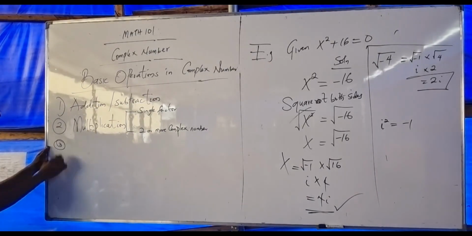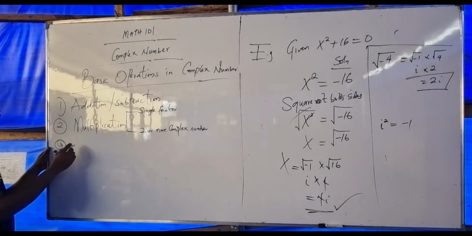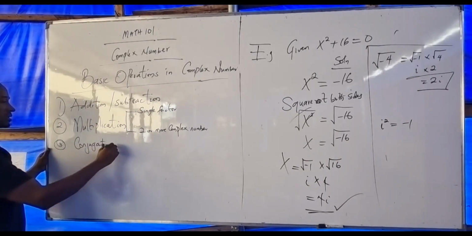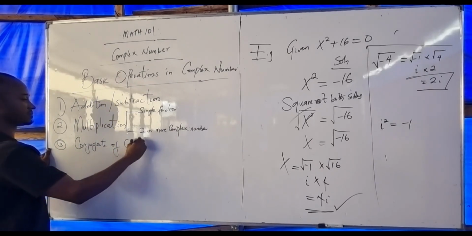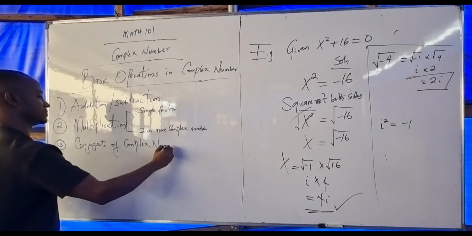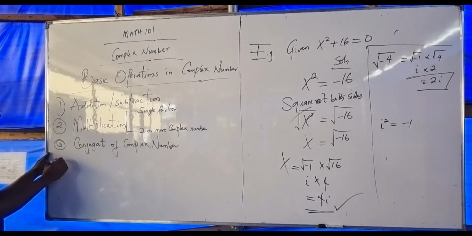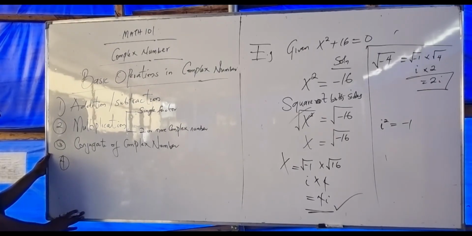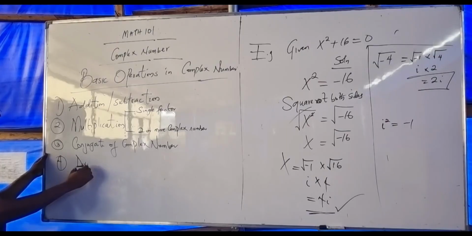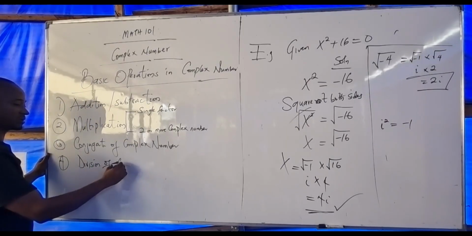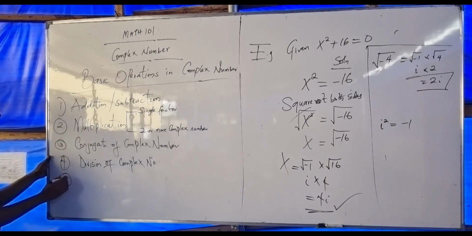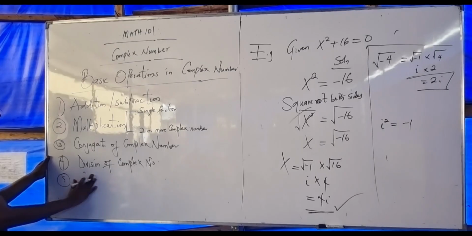Number 3, division, right? Okay, conjugate, I guess. Conjugate of a complex number. Number 4, we talked about division of complex numbers. Number 5, we talked about modulus, rationalization.